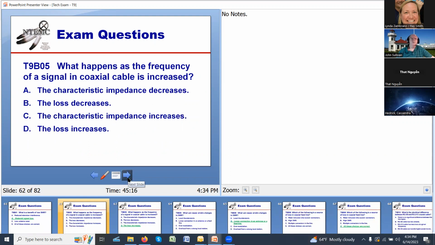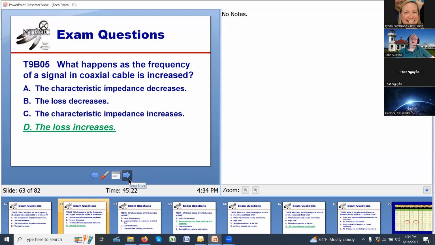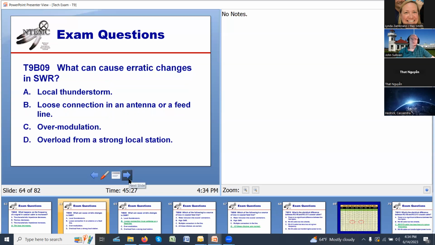What happens as the frequency of a signal in a coaxial cable is increased? What did I say about that? What does it do to the loss? It also increases. The higher the frequency, the greater the loss. What can cause erratic changes in SWR?